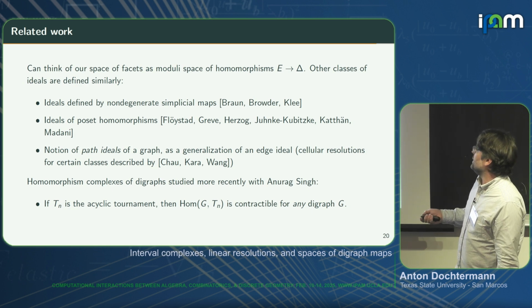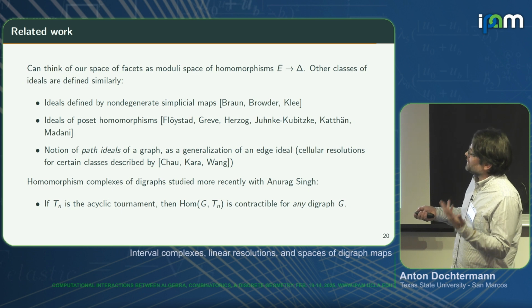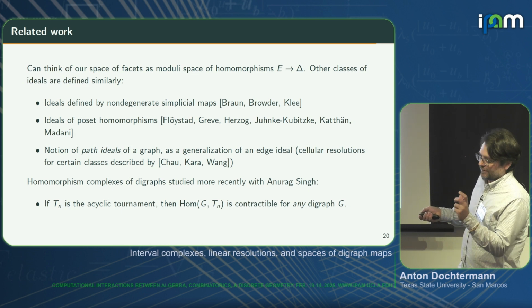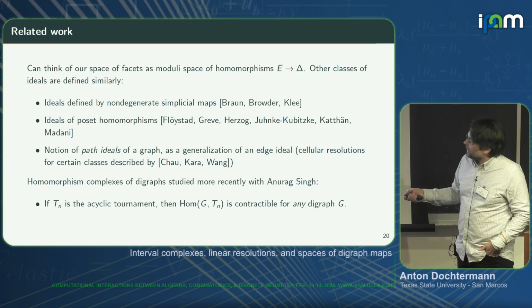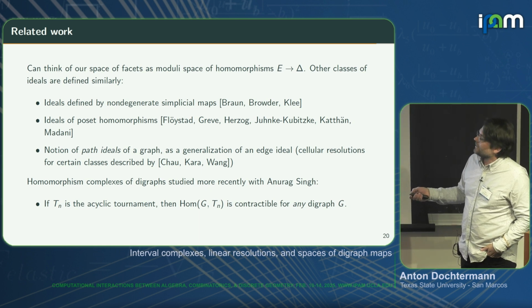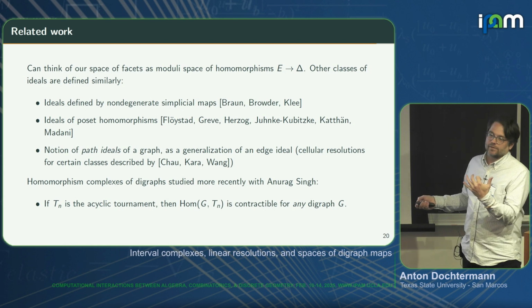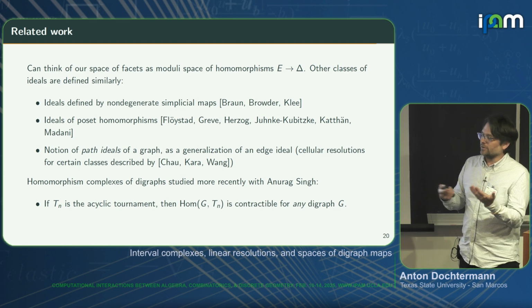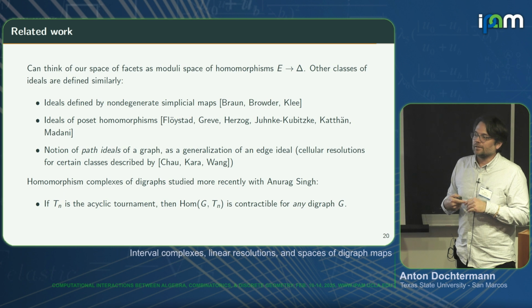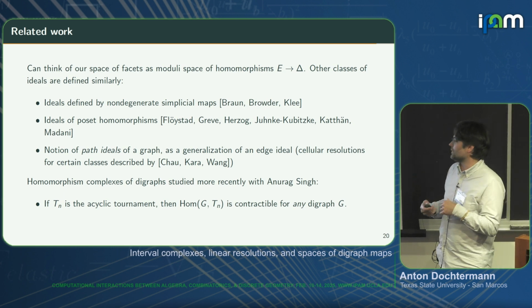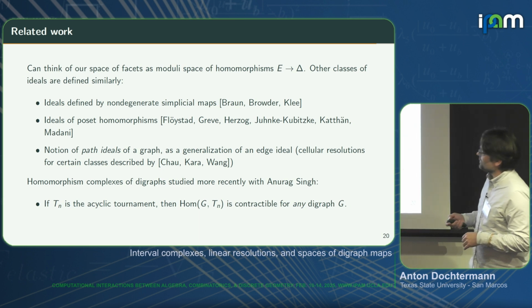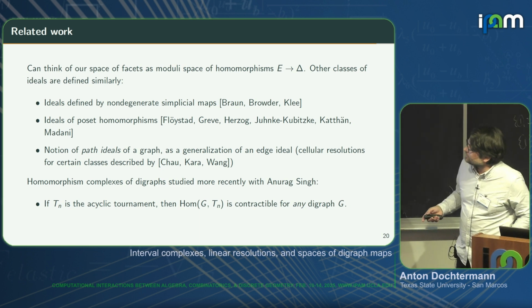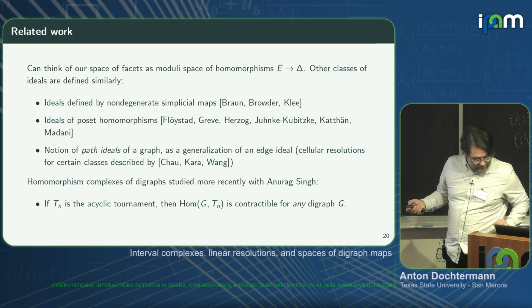We prove, for instance, that if you take the acyclic tournament, which is unique up to isomorphism, then no matter which thing you put in the domain, the space of homomorphisms you get is contractible. And again, this is the thing you want if you're trying to build a resolution. You can reverse engineer a resolution maybe, but it would be nice if there was some natural object showing up there.